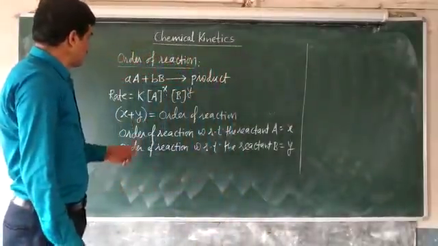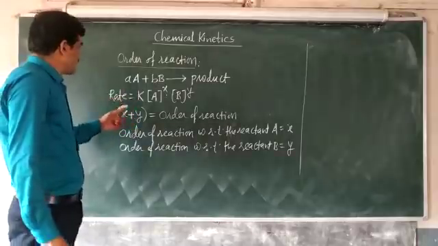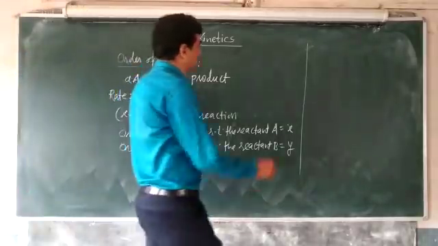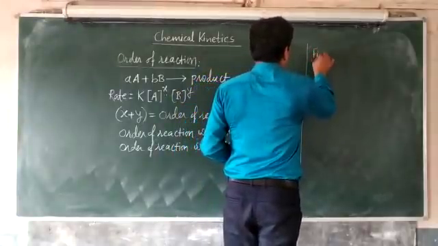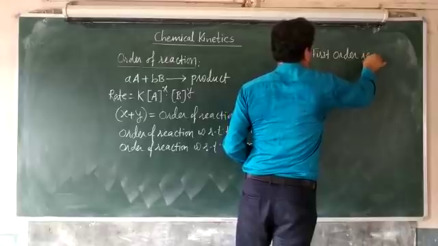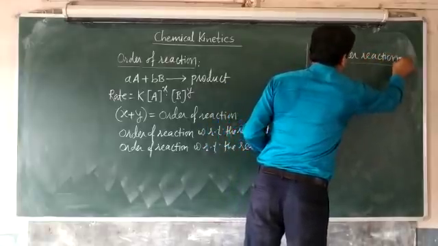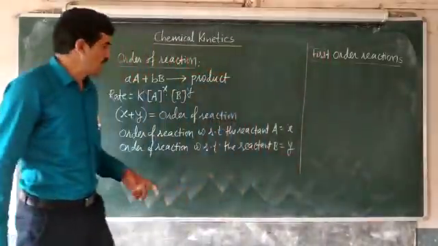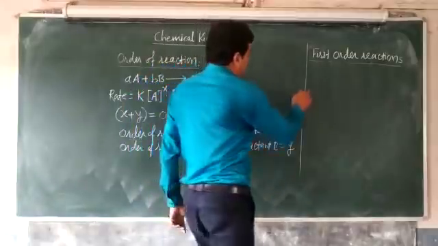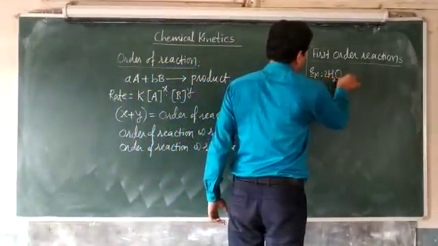The reactions in which the overall order of the reaction is 1 are called first order reactions. In first order reaction, the overall order of the reaction is 1. The example of the first order reaction is decomposition of hydrogen peroxide.